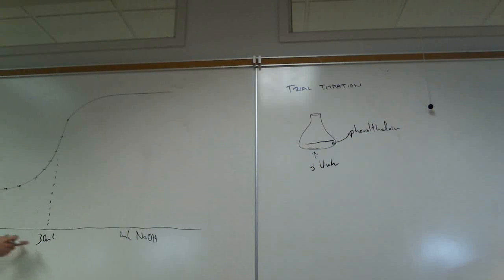If we know that our equivalence point is going to come around 30, then before 30 we better slow down, right? Do you guys remember that at about 15 milliliters, if this is monoprotic, the pH should equal the pKa.